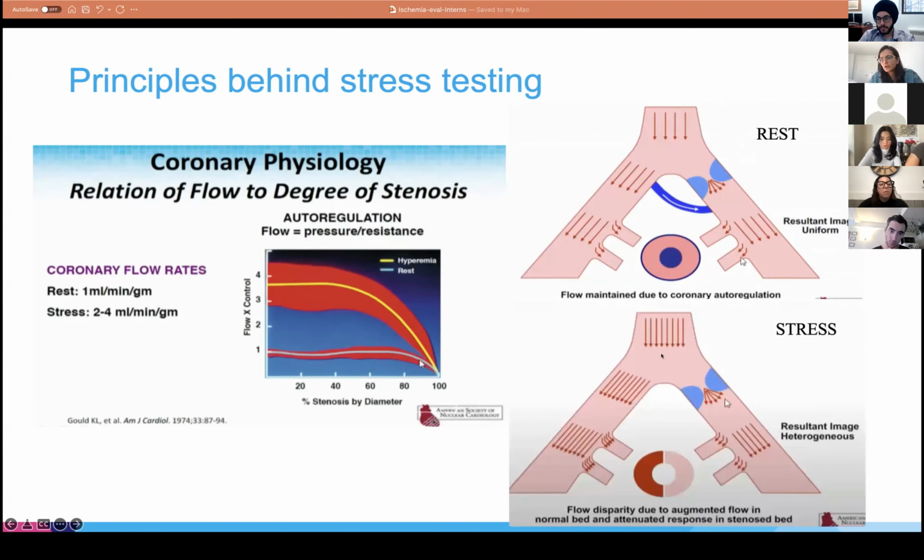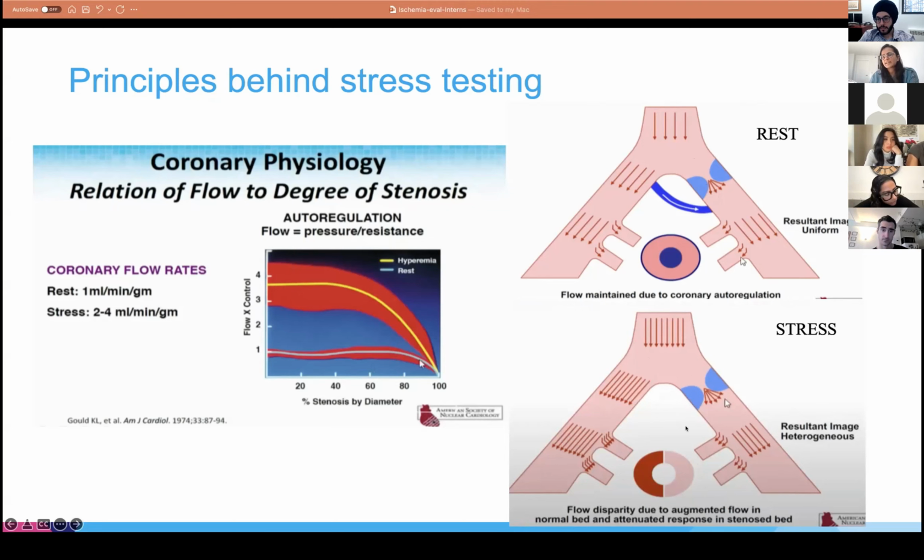However, on stress, when you vasodilate, increase the heart rate and increase the demand of the heart, the flow increases by 3 times in the normal part, but it cannot increase proportionately in the area subtended by a stenotic artery. So the flow would be lower in the area supplied by a stenosis versus a normal area.